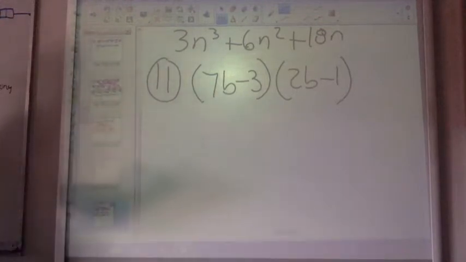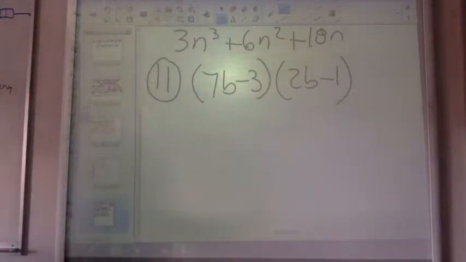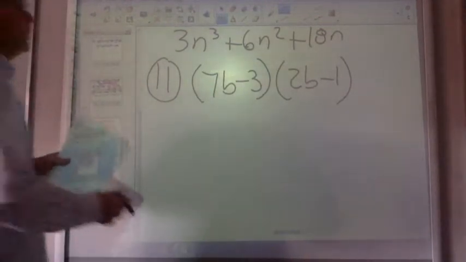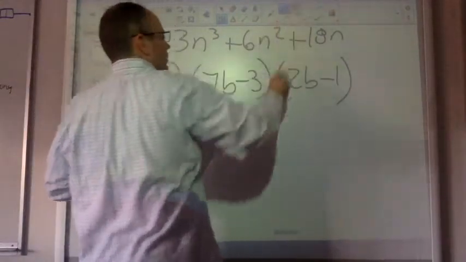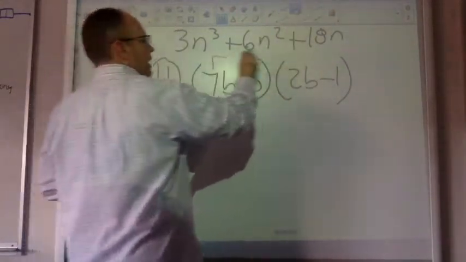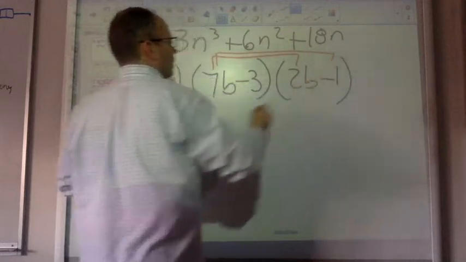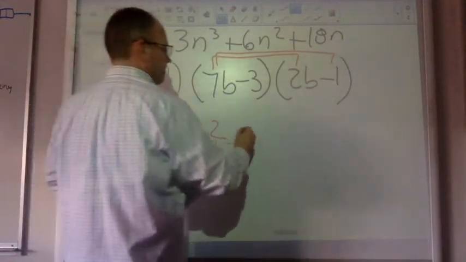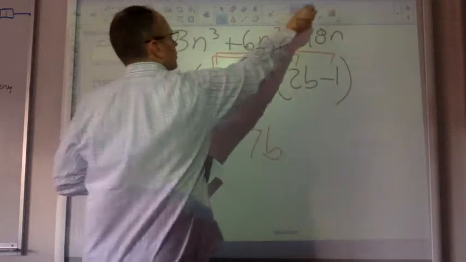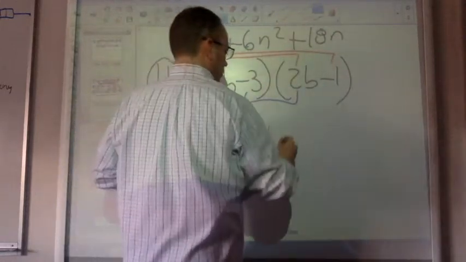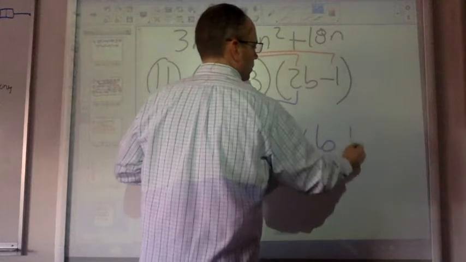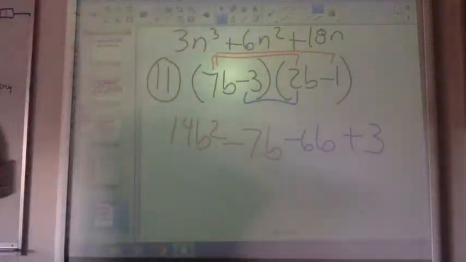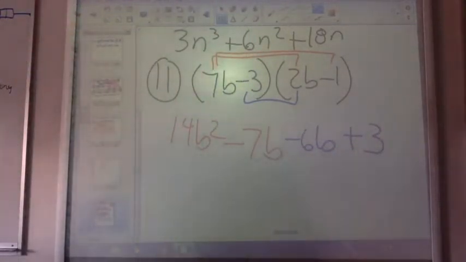Number 11, it's a double distribution. Do you agree? So I'll distribute the 7b, and I'm also going to distribute the negative 3. Do I have like terms?